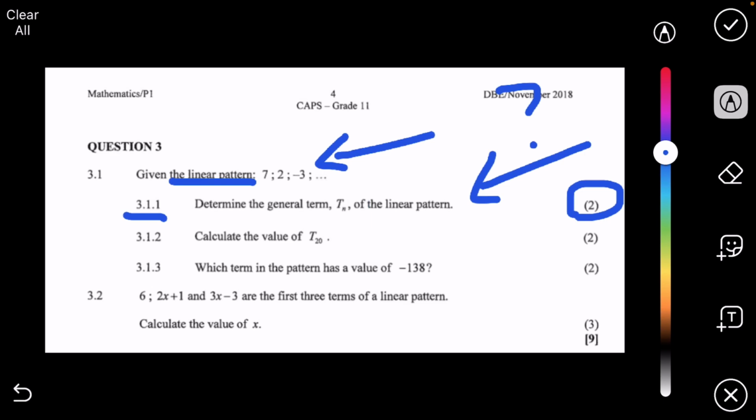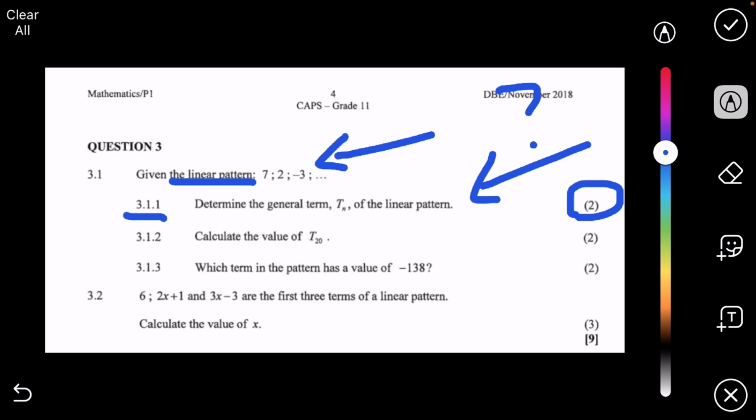Still makes sense. Remove linear: determine the general term Tn of the pattern. It still makes sense. Remove pattern: determine the general term Tn of the linear. Guys, it still makes sense.